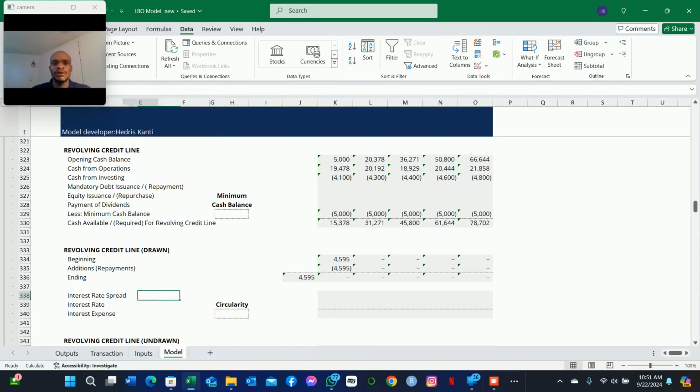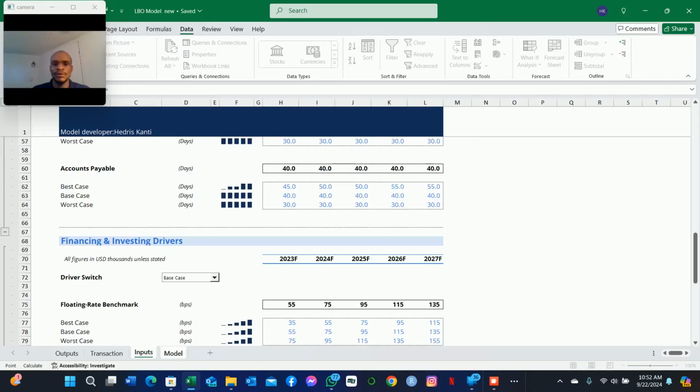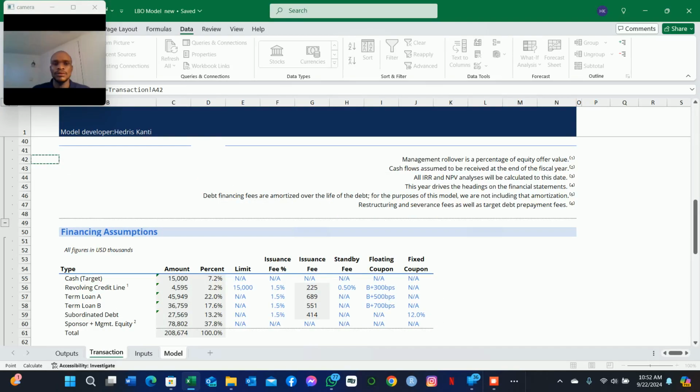So now going forward, in order to account for the interest expense, like I said before, we have to bring in the interest rate spread, that is the base rate, including any margins or swap rate. So in this case, the interest rate spread is going to be equal to, we go to our transaction section.